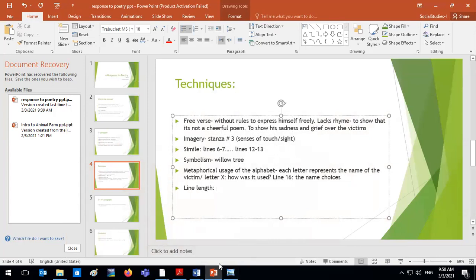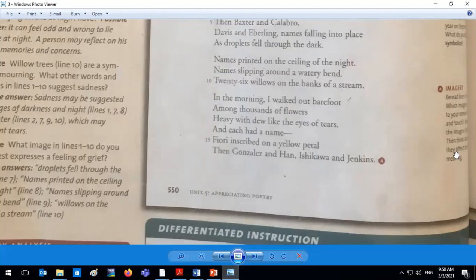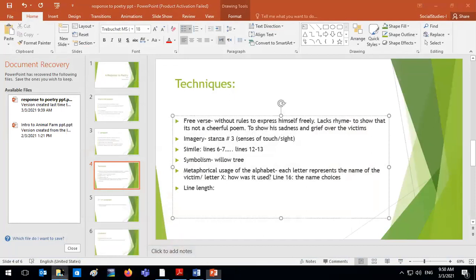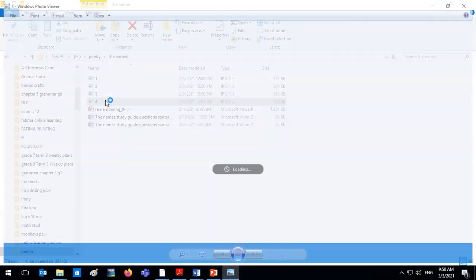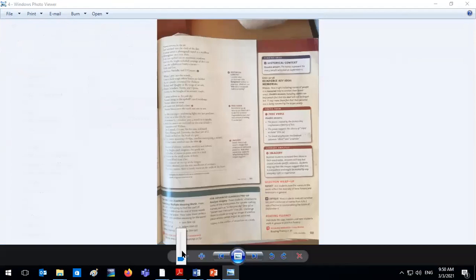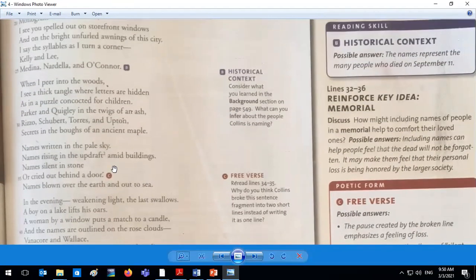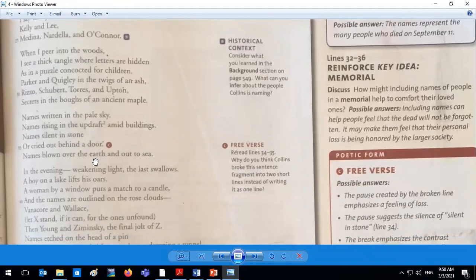Especially in the other stanza, towards the ending here, specifically stanza number 6, we see that the lines here are shorter than the other lines.